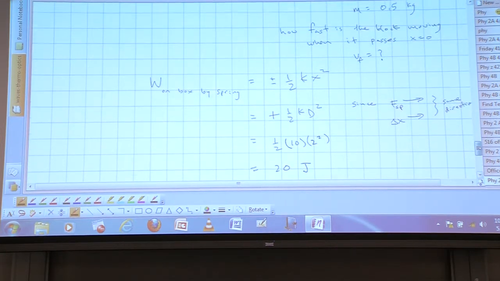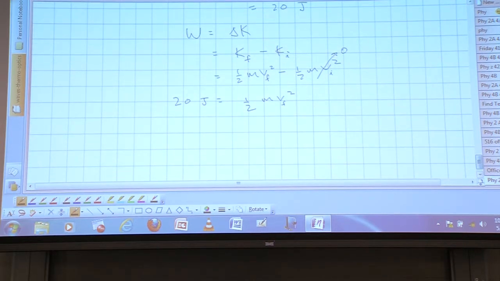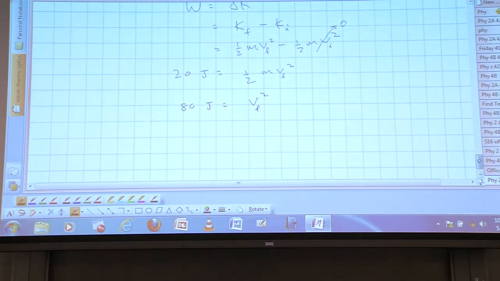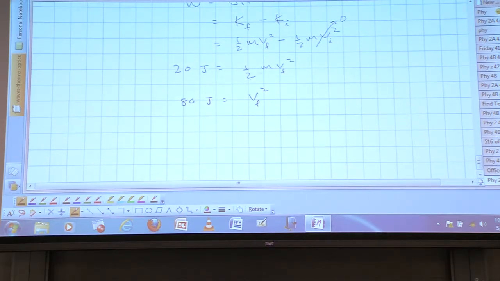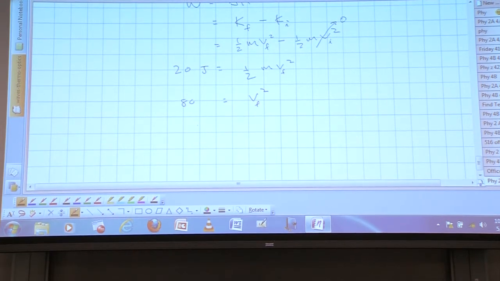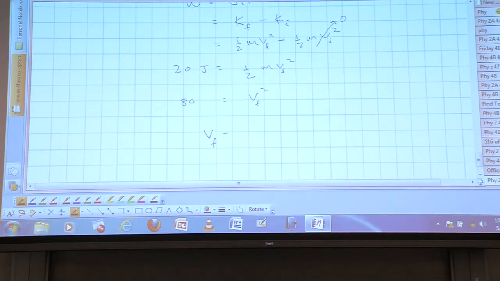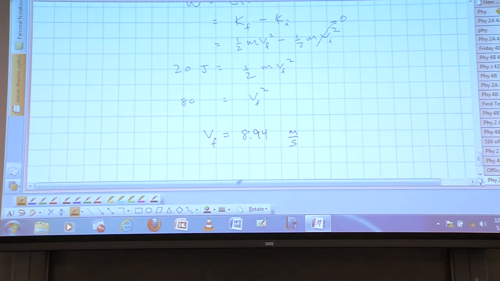What is m? 1/2? So that's 80. And not joules anymore. Okay, and what is the square root of 80? 8.94 meters per second.